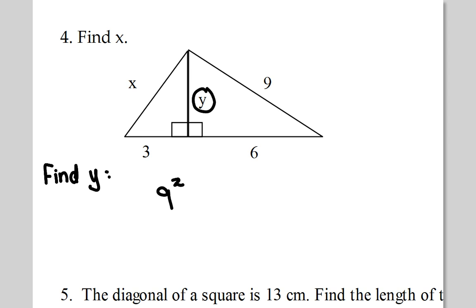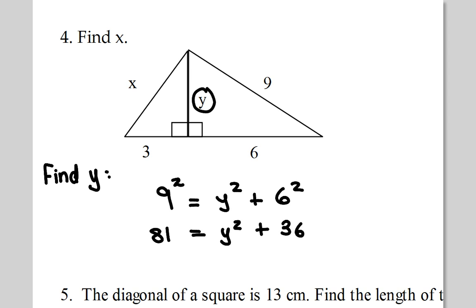The long side squared will be equal to the 2 short side added up when they're squared. So this is 81. This is 36. And here comes the subtraction. And then we'll have to square root that result.